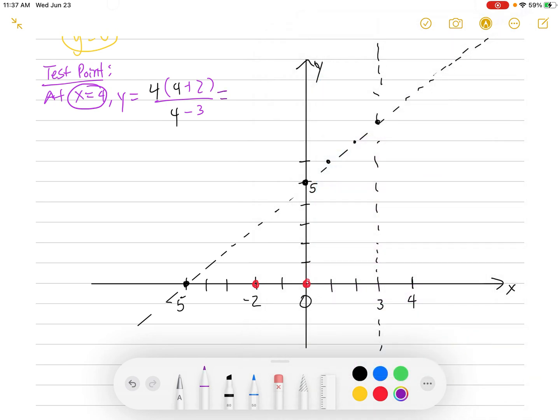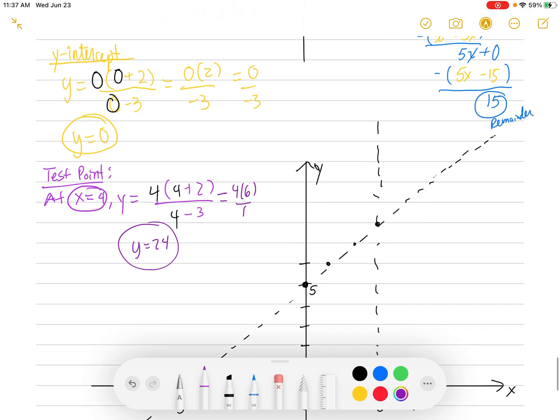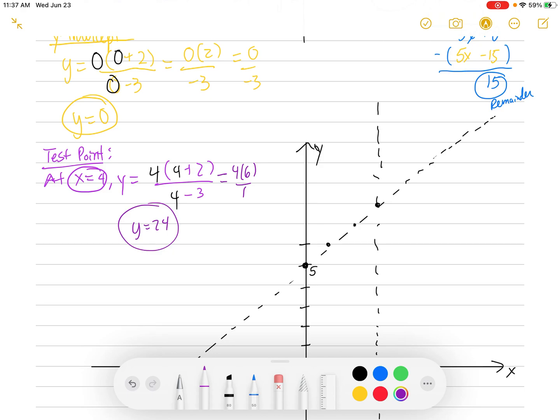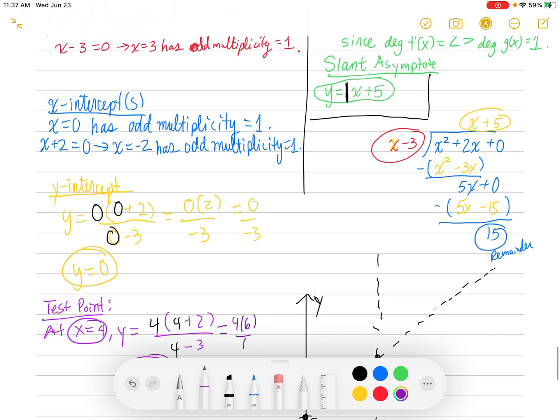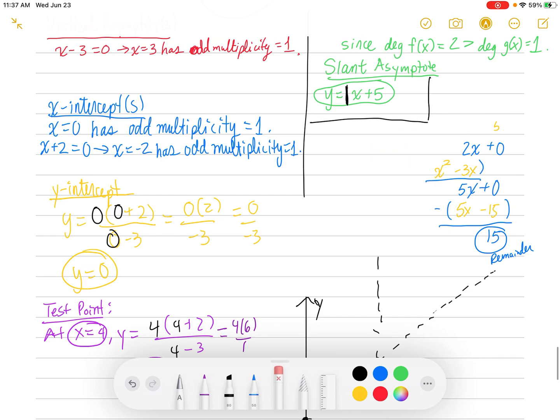So when I calculate that on top, let's see, I'm going to have 4 times 6 over 1. So y would be 24. So at 4, y is going to be 24. Okay, 5, 6, 7, 8, 9, 10, 11, 12, 13, 14, 15.